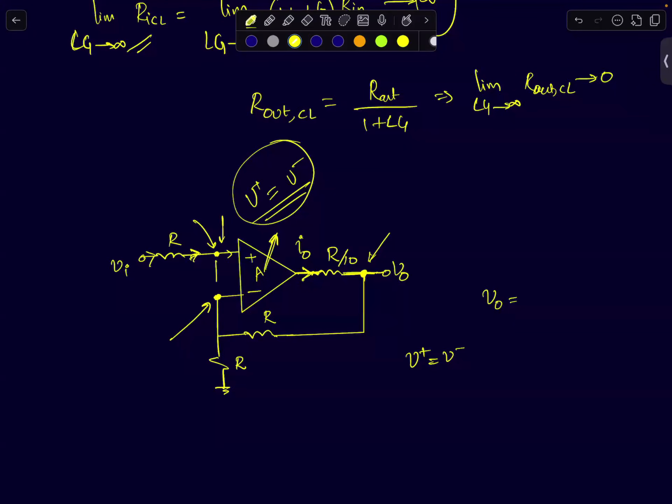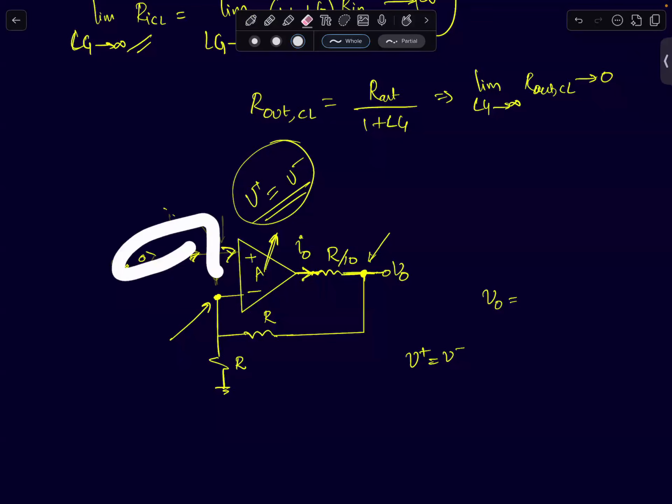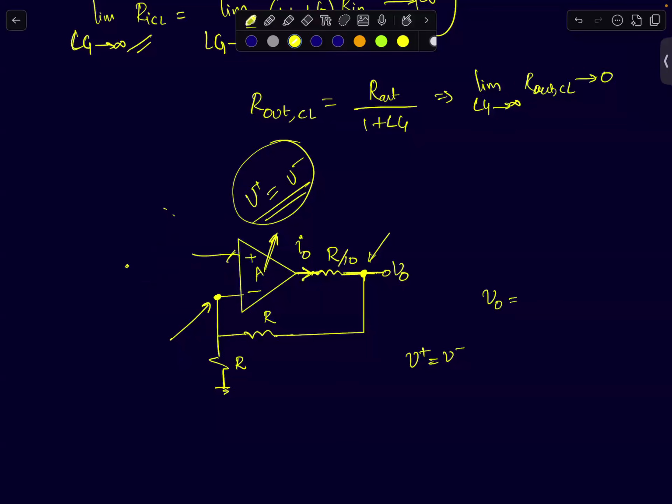If no current is flowing through the resistor and the op-amp's input is not drawing any current, because the input of an ideal op-amp doesn't draw any current, then this current will also be 0. You're not drawing any input current at all. So I can remove all the resistors. The resistors really don't have any role because no current is flowing through them. Okay, so this node voltage comes to Vi.